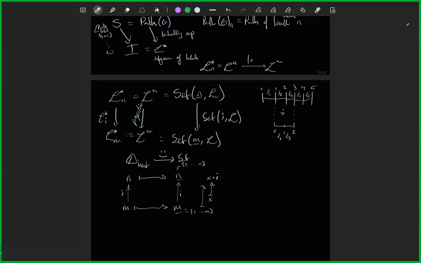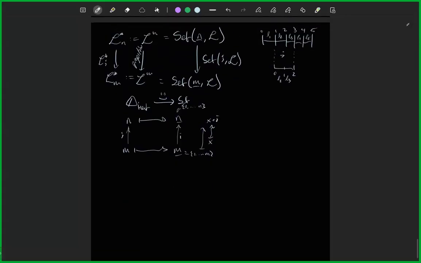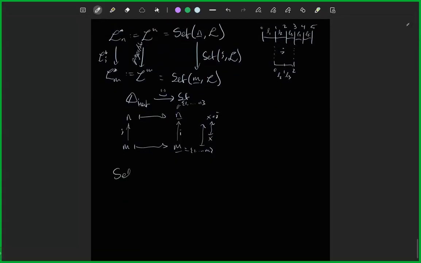Okay, so let's see how this works. Remember that we have this functor set blank blank, from set op times set to set. This is a functor in 2 variables, right? Well, first of all, we filled in one of the variables. So we get set blank comma, this goes from set op to set. It's a contravariant functor.